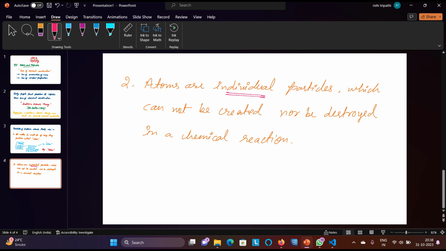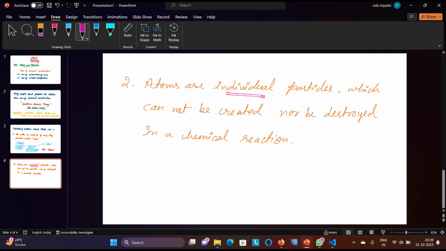However, in chapter 4 you will see that atoms can be further divided into electrons, protons and neutrons. We will talk about that, but according to Dalton's atomic theory, the second postulate says that atoms are individual particles which cannot be created and cannot be destroyed in a chemical reaction.